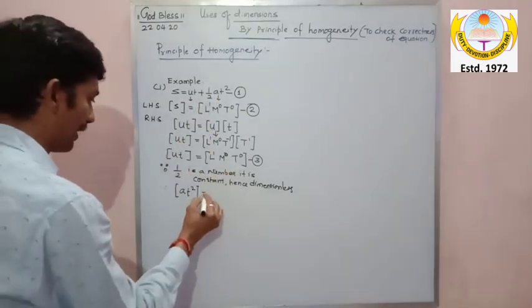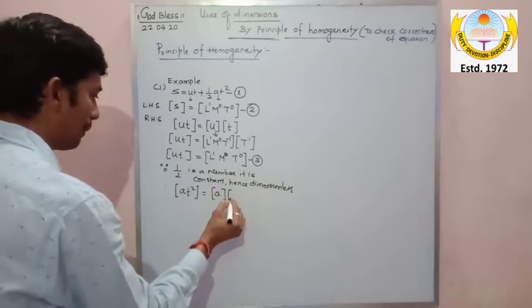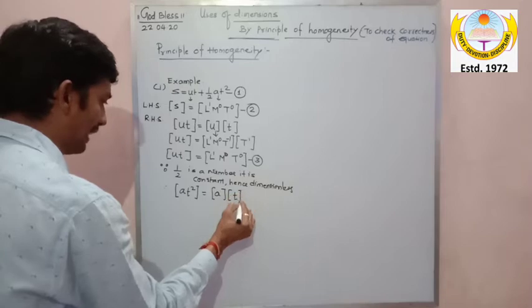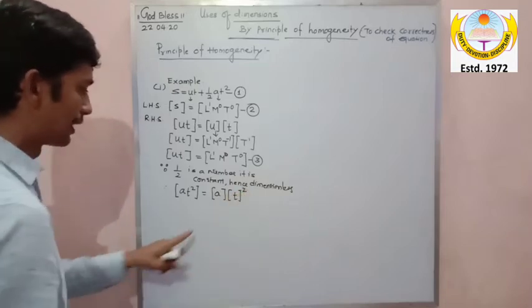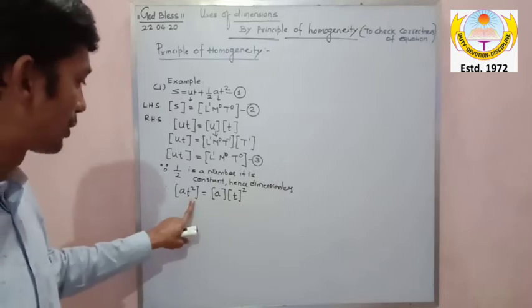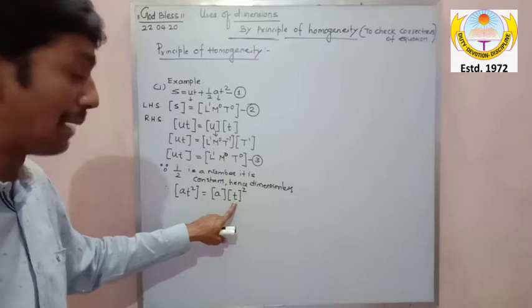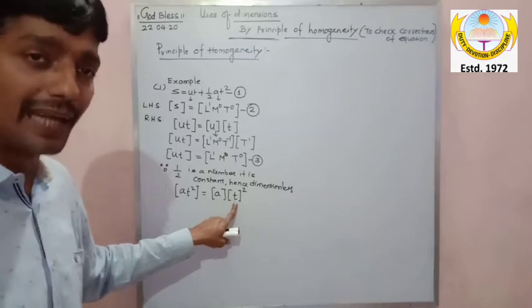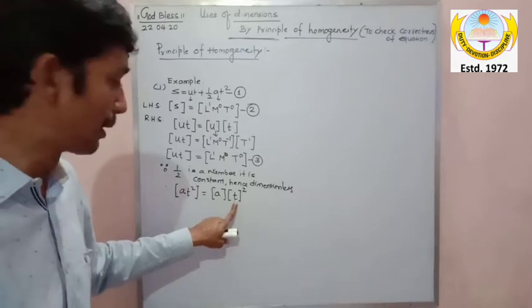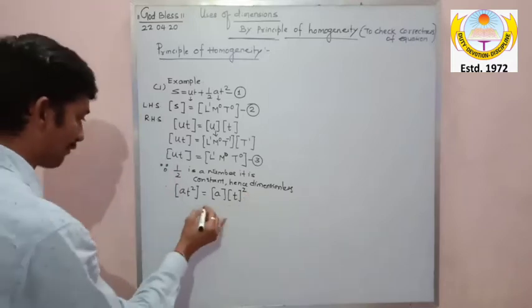Now the dimension of AT square, because half is eliminated, it is a number. So dimension of AT square can be written as dimension of A, that is acceleration, multiplied by dimension of T square. This should be written this way. Please have a method of writing. Dimension of T is T only because it is time, and then I have to square that.